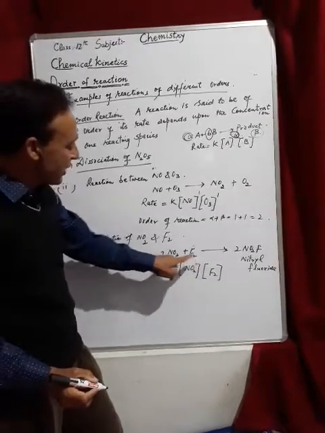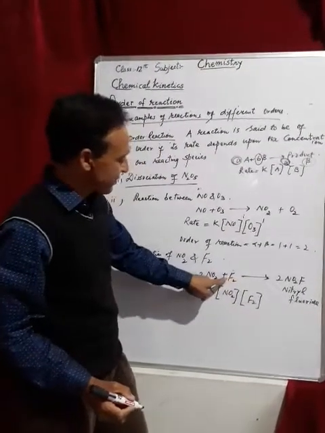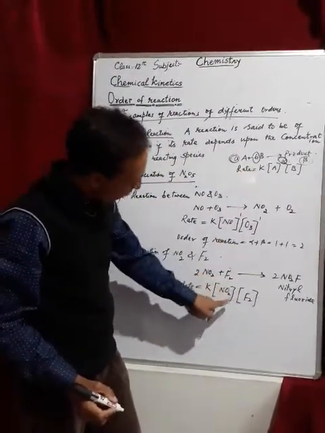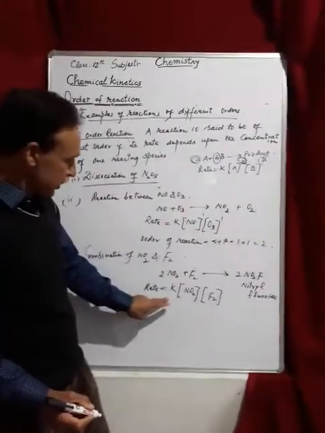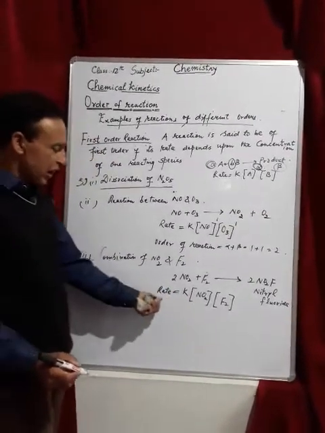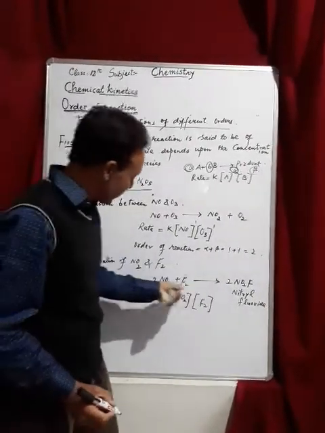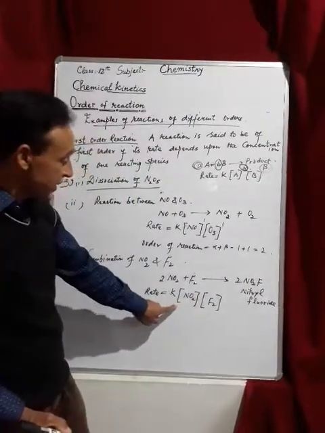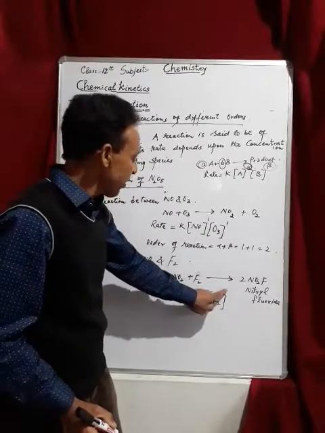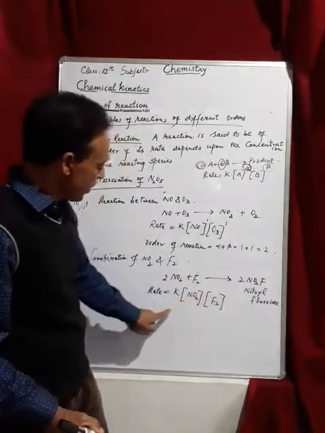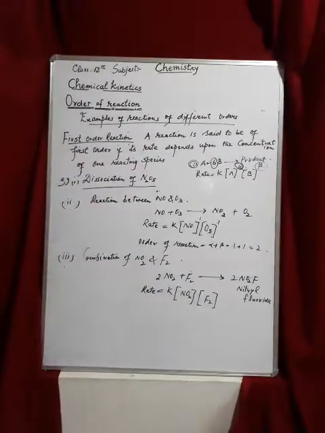So the value of alpha is different from the value of small a. Here the value of beta is the same as the value of b. It has been proved experimentally. As per the balanced equation it should be of third order, but practically it has been observed that it is an example of a second order reaction, because alpha is 1, beta is 1, so alpha plus beta is equal to 2. So this is an example of a second order reaction.